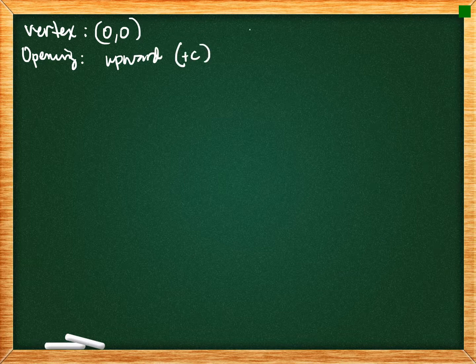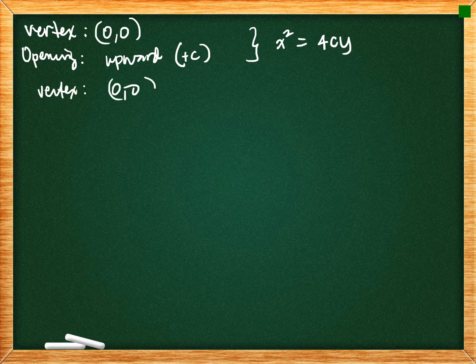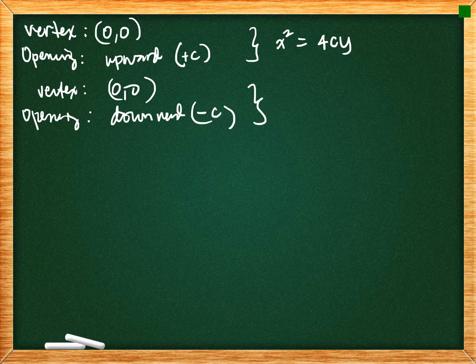The equation would be x squared equal to 4cy. But if the vertex is again at 0, 0, but the opening is downward, so its c is negative, the directed distance, then we have x squared equal to negative 4cy.